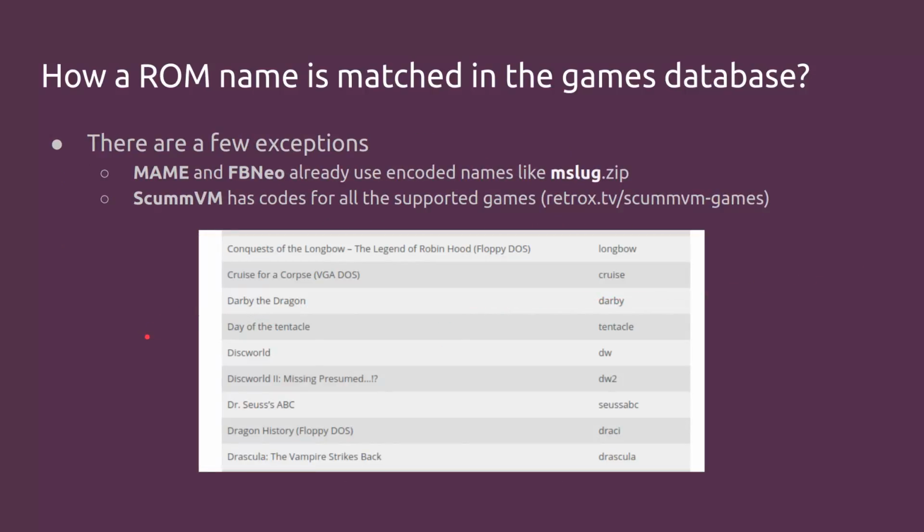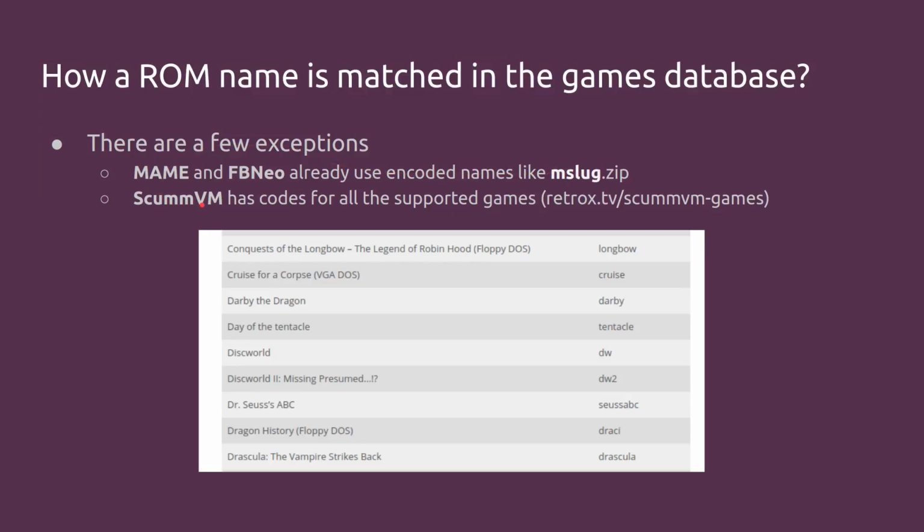There are a few exceptions in some systems. For example, MAME and Final Burn Neo already use encoded names. They use, for example, mslug.zip, and the code is mslug. The game name is already coded, so you don't need to code it again.